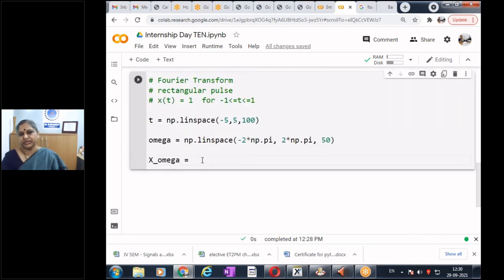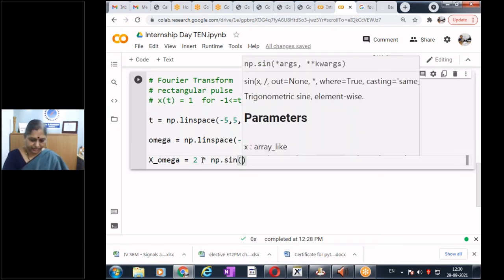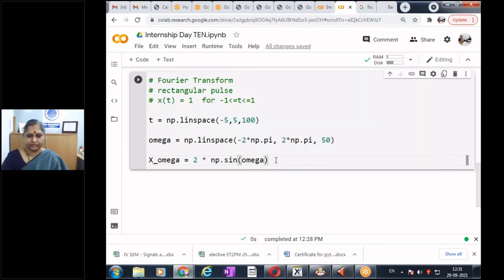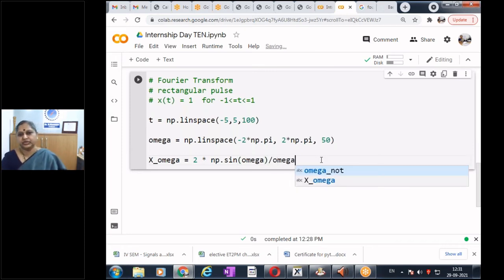And what is my x omega? For my rectangular function, what did I get my answer as? 2 into np dot sine omega by omega. This was my function.